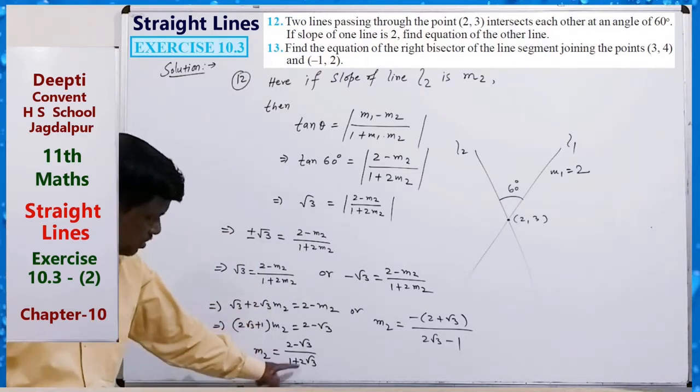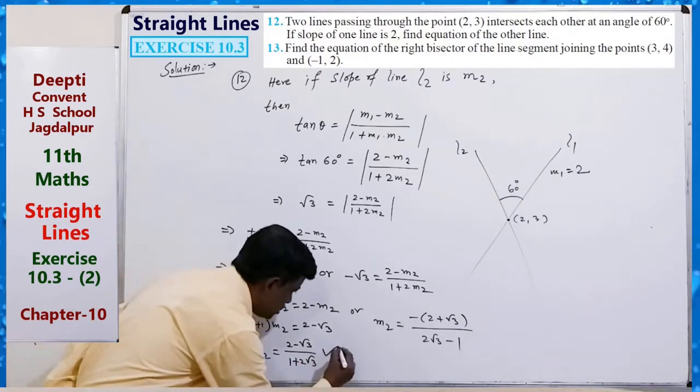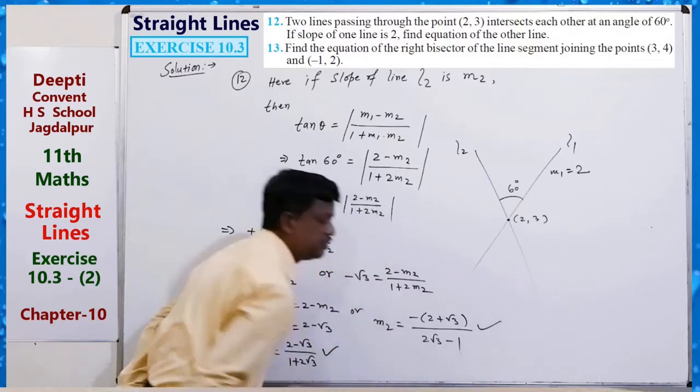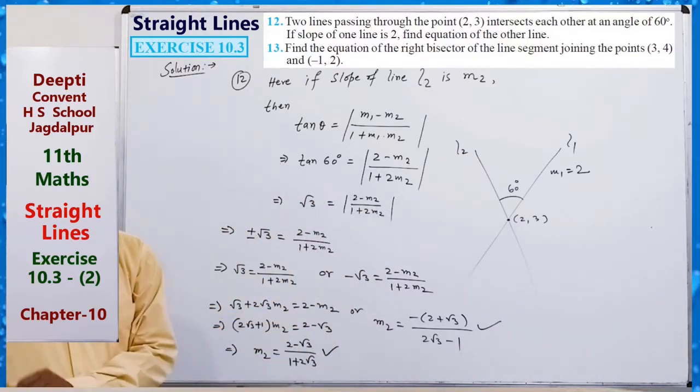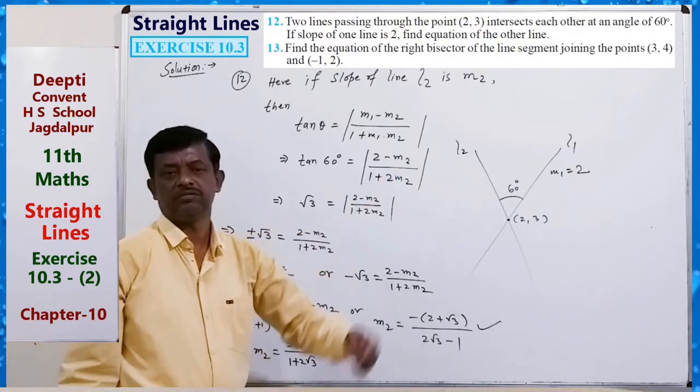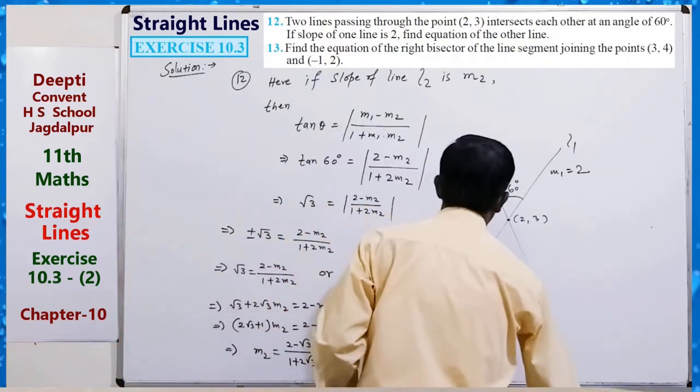Just solve it, and we get m2 equals this or this: minus (2 plus root 3) upon (2 root 3 minus 1). Now we can find the equation of line L2.